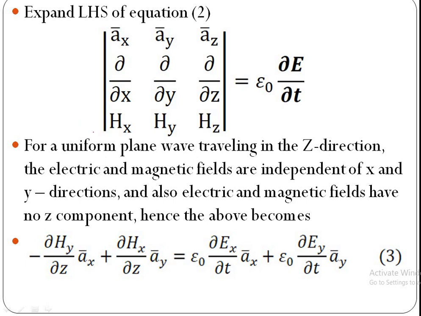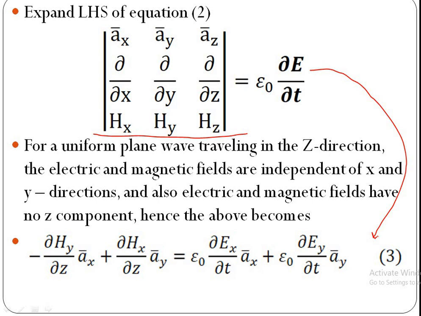So this is the expansion of equation 2. Apply uniform plane wave properties and substitute E is equal to Ex Ax bar plus Ey Ay bar. Then this equation becomes this one.